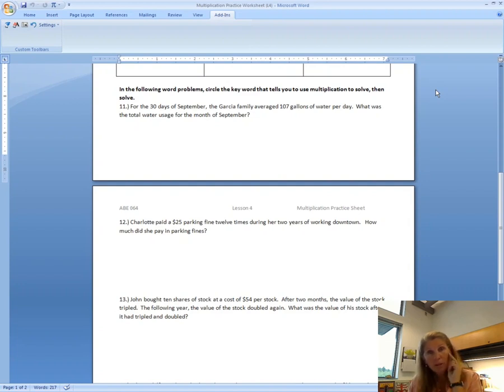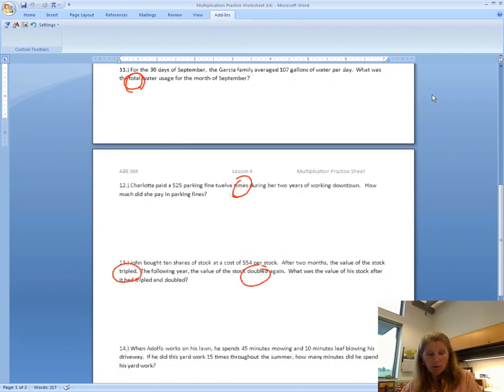There's a couple of things going on here, but I want to first point out the key words. Key words here are tripled and doubled. Those are multiplication keywords. If something triples, that means times 3. If it doubles, that means times 2. So I know that I'm going to have to multiply times 3 and multiply times 2. And we'll get to those problems in a minute.